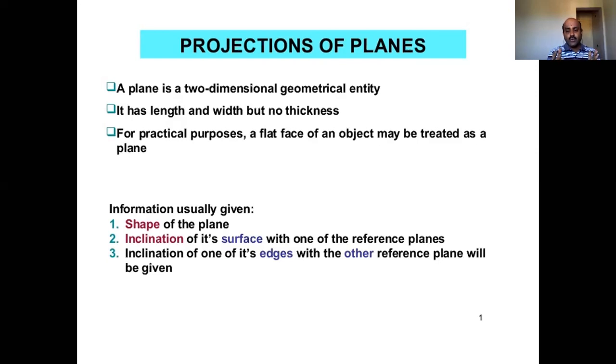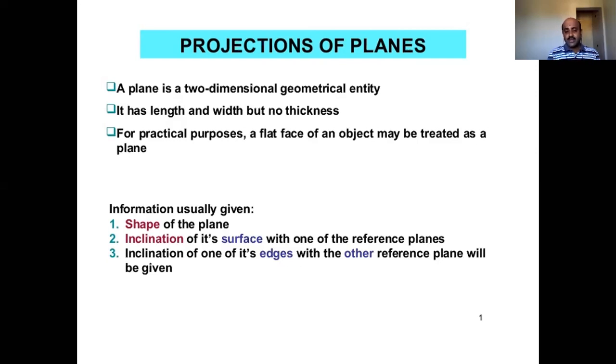So when you want to obtain a view in a particular position, you need to know the inclination of the plane with respect to the reference plane first of all. And sometimes how the edge or corner is inclined with respect to the planes will be given. I will discuss these things in detail later.